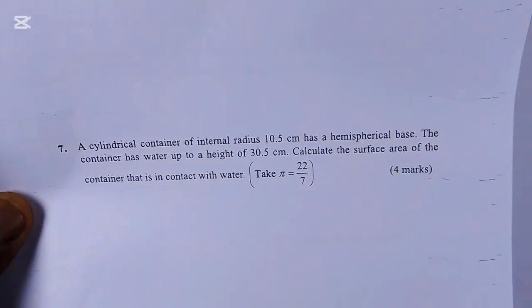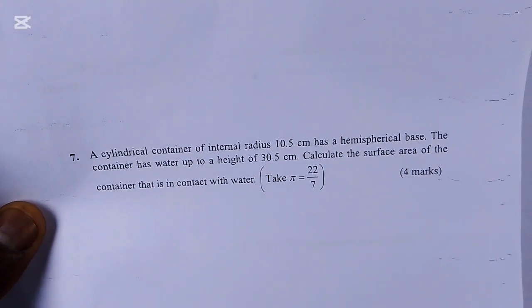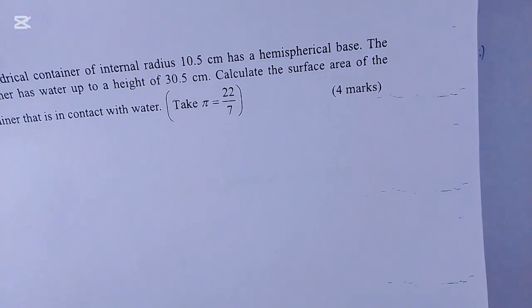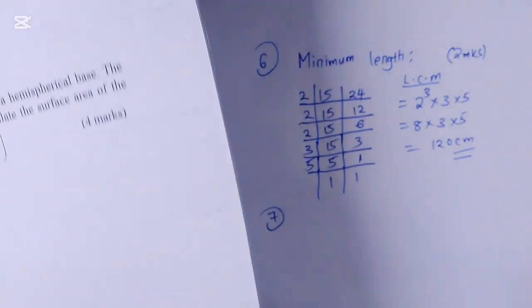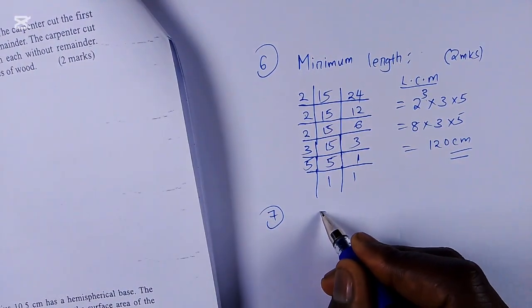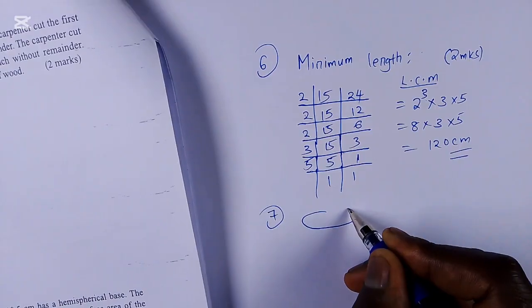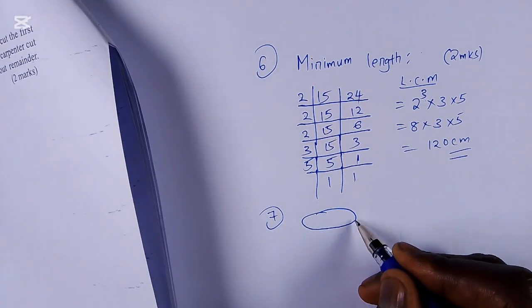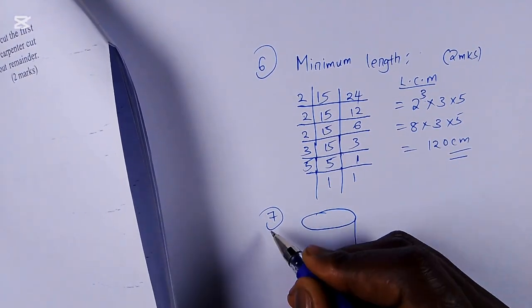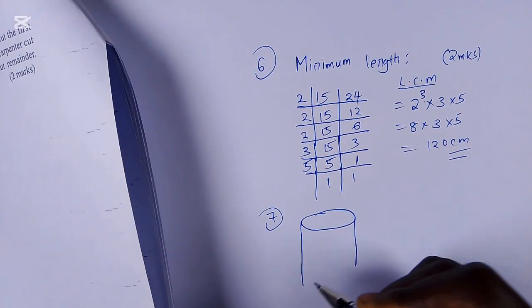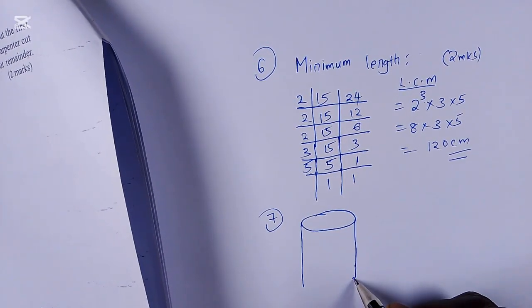So in this question, we will start off with drawing the structure of the container. And the structure of our container, as we have been told, is it has a cylindrical part with a hemispherical base.